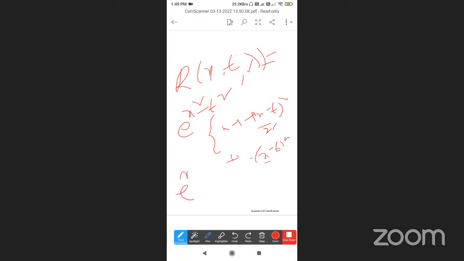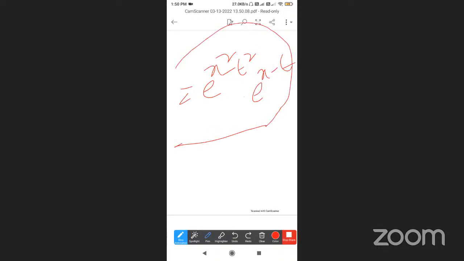This is the expansion of e power of x minus t. So the value is e power of x square minus t square into e power of x minus t, the resolvent kernel. So we can find the resolvent kernel.